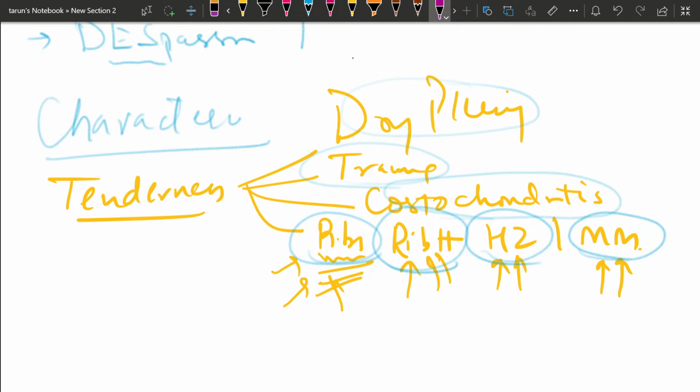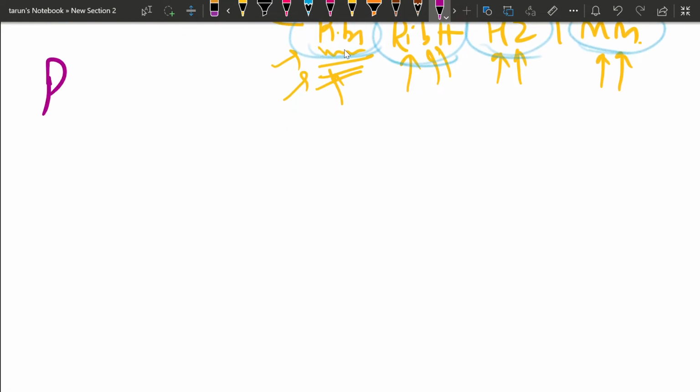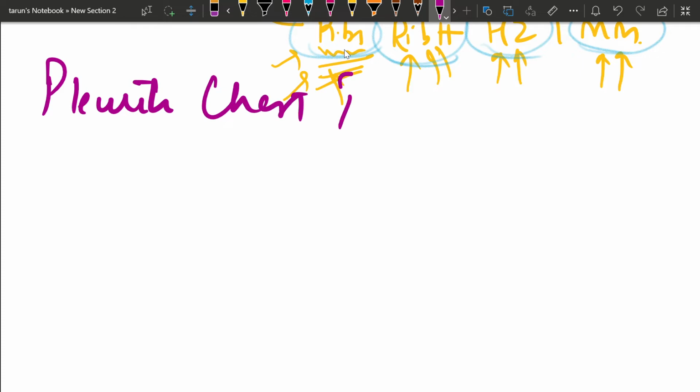These are the causes. Then about the character, what is pleuritic chest pain? You should know the types of pleuritic chest pain. Pleuritic chest pain you will see in dry pleurisy.